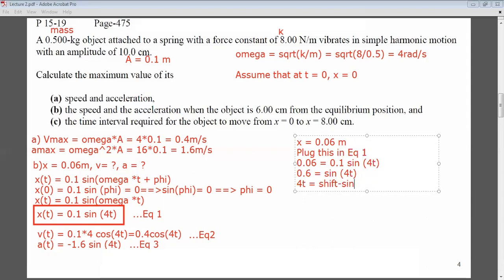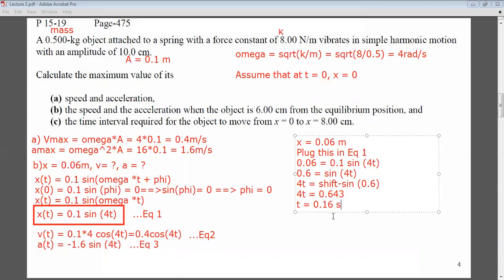On the calculator, you press shift, then sine 0.6, and we get 4t equal 0.643, and t is equal 0.643 divided by 4, and this gives me 0.16 seconds.